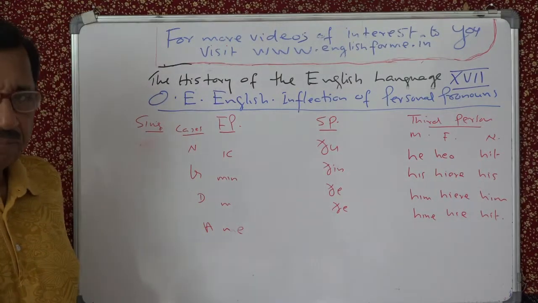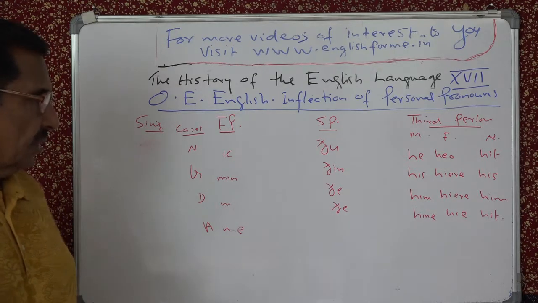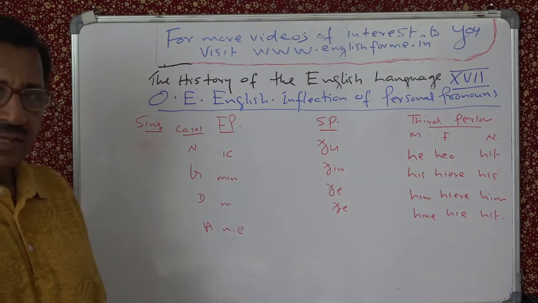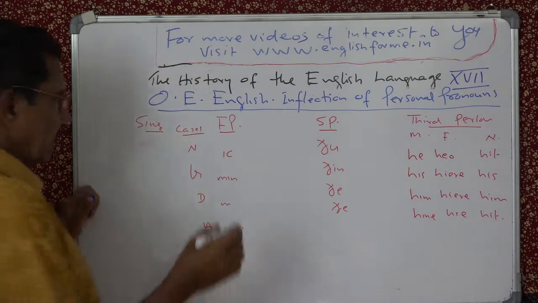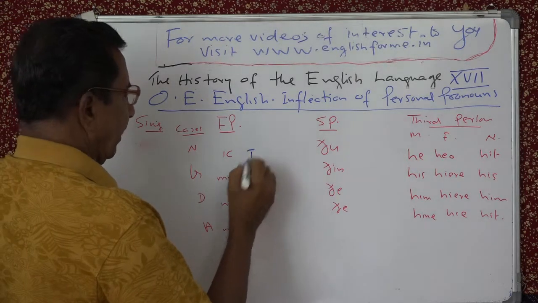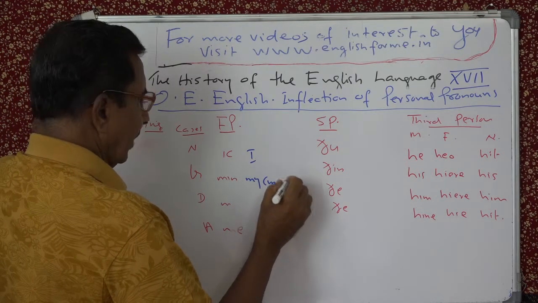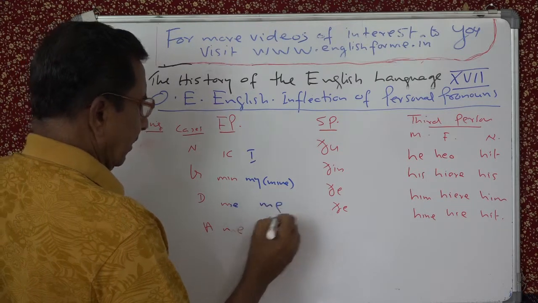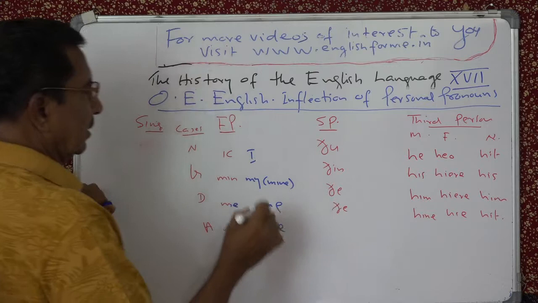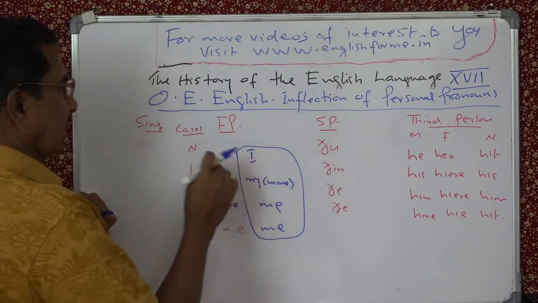Now I will write it here for you, just to compare it with modern English, then you will know it better. So that is modern English: I, my or mine, and here you have me. Me, same, me, same. This is modern English, and this is Old English.